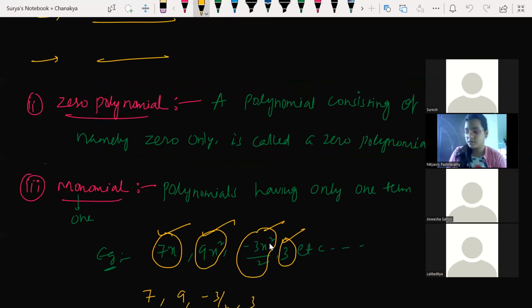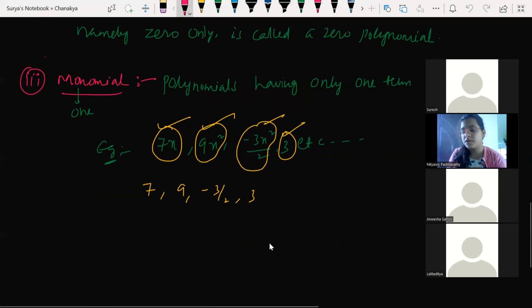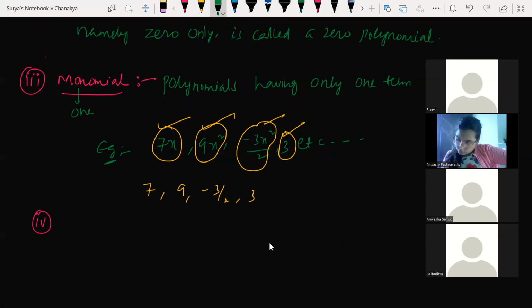Yes. Clear? Yes. So if they give one number like -3, then we can write it as constant polynomial and monomial. Sorry. Zero polynomial is only zero, it only consists of zero. Only zero.